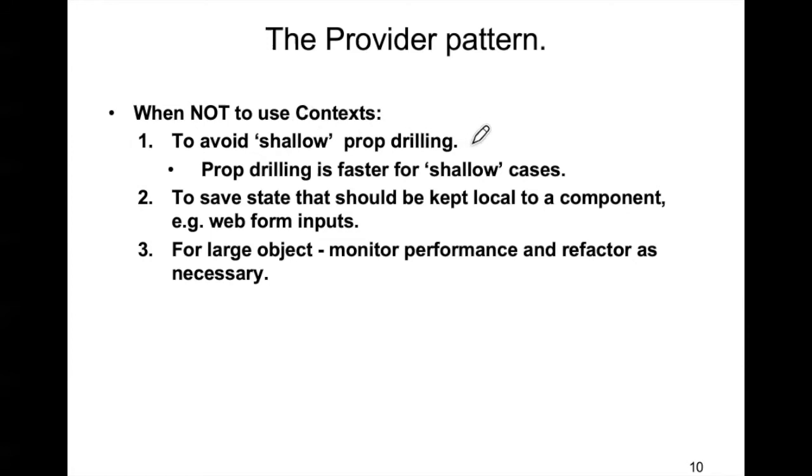Now I kind of break that rule because in the Movies app, where I'm passing the favorites around the place, they are actually only being passed maybe down two levels or maybe three levels. I'm not exactly sure now in my head in terms of the hierarchy. So strictly speaking, maybe using the context wouldn't have been a good idea, but I wanted to include it anyway in the app so that you have seen an example of it.